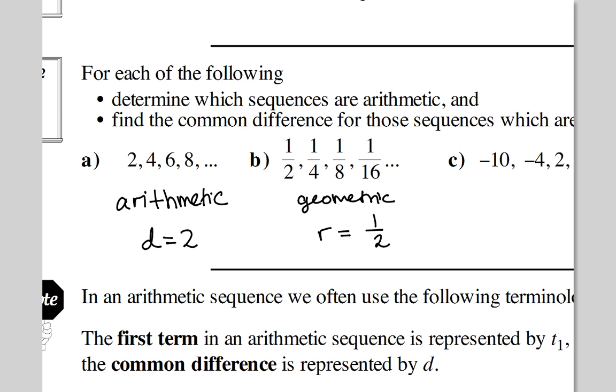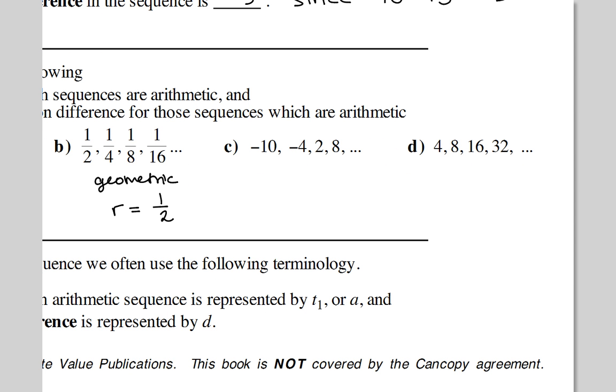Good. The denominators are being scaled by 2, right? So 2 times 2 is 4, 4 times 2 is 8, and so on. And what's happening to the tops? Staying 1. So it's being multiplied by 1. 1 times 1 times 1 on top, 2 times 2 times 2 on the bottom. And we don't have to worry about geometric for now. That's a next lesson kind of thing.